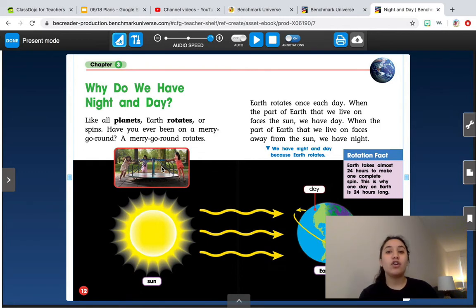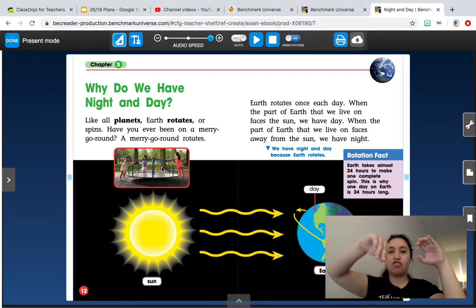When the part of Earth that we live on faces the sun, we have day. When the part of Earth that we live on faces away from the sun, we have night. So the sun is right here, right? It's huge. And here's our planet, and our planet's just spinning, spinning, spinning.